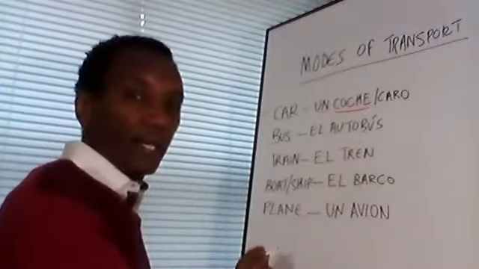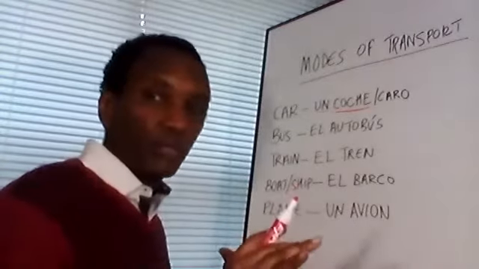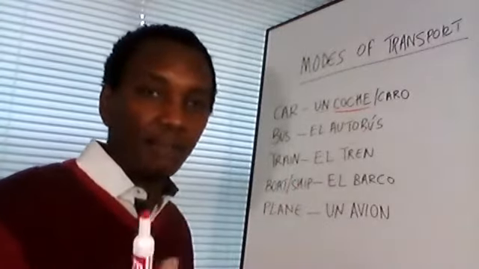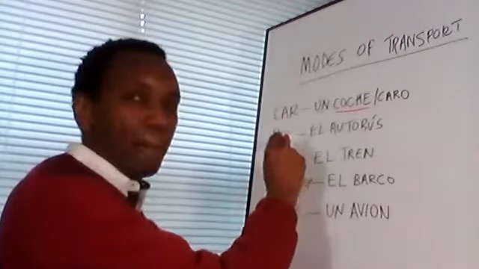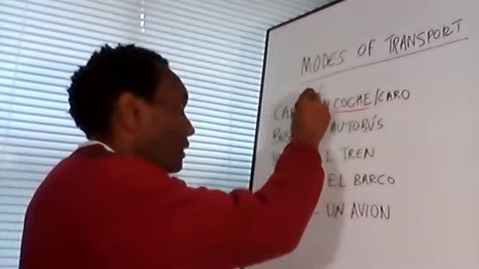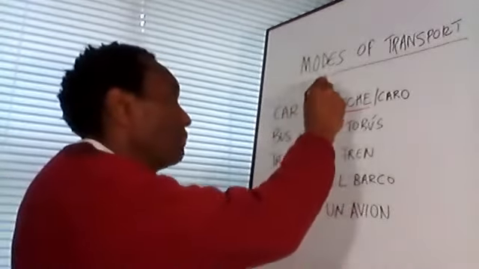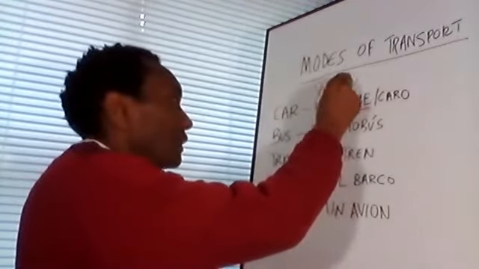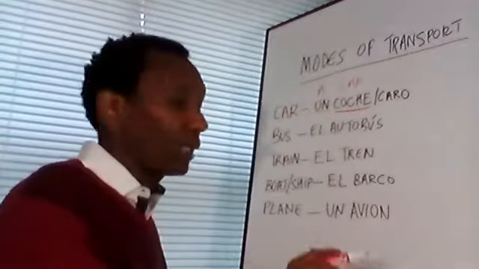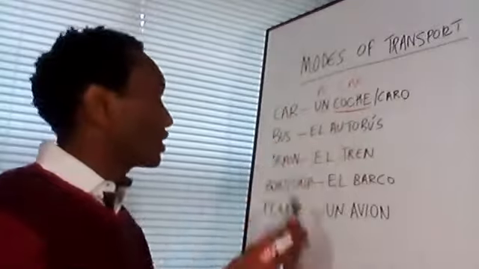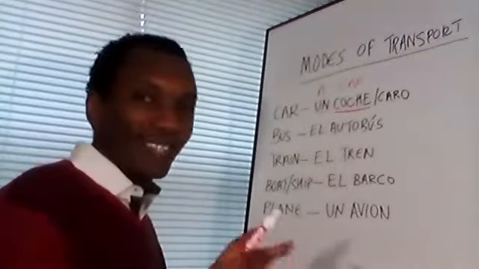As I told you, in Spanish, everything is either masculine or feminine. So this UN here means a, like the way you say a car. So when you see un coche, it means a car.